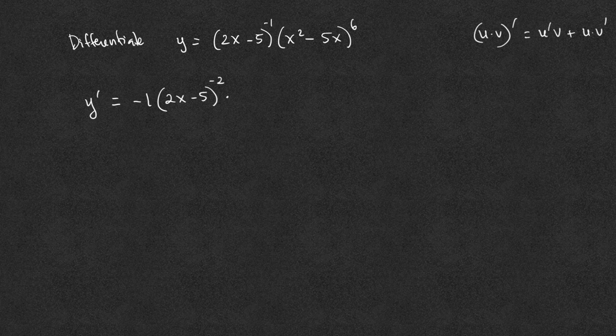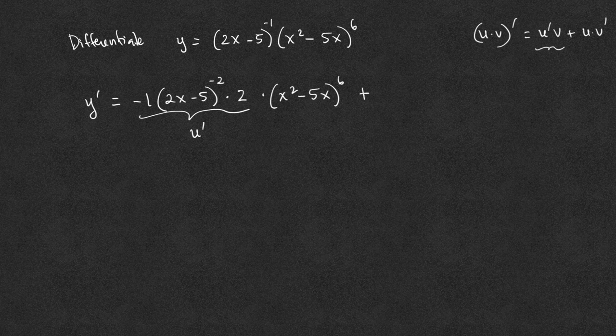The derivative of 2x is 2, and the derivative of negative 5 is 0, so we don't have to write it. Times, this is only u prime. We will still need to multiply v, which is x squared minus 5x raised to the 6th power. And we're still not done yet, because this is only the first factor.